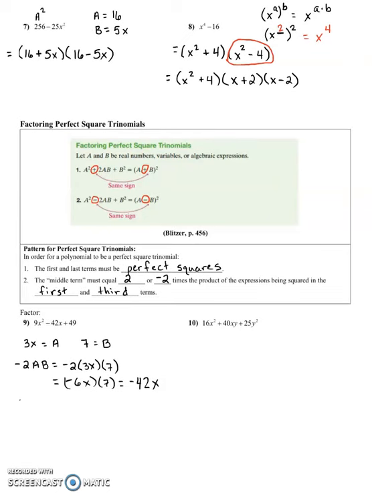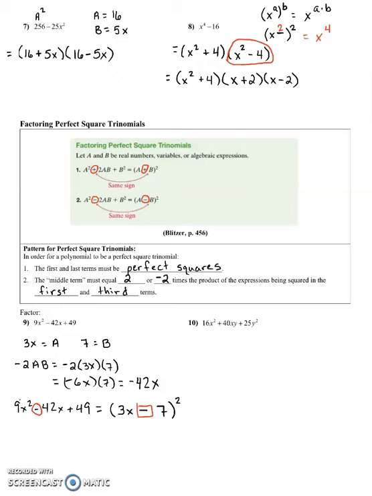So we know that 9x squared minus 42x plus 49 equals a, which is 3x, minus, because remember, this sign has to match the sign in front of our middle term, b, which is 7, and then the whole thing squared. So we have 3x minus 7 quantity squared.